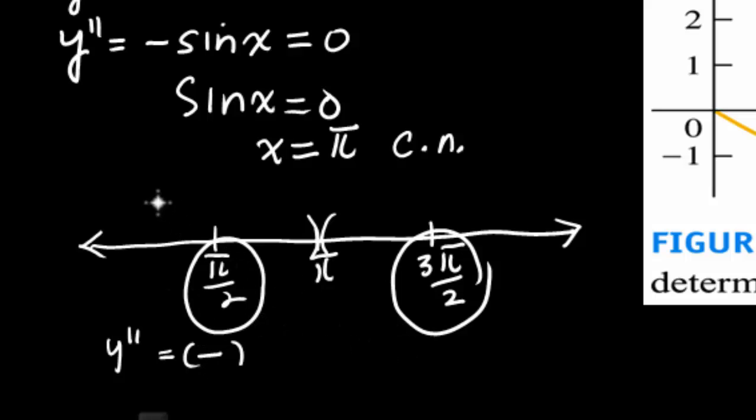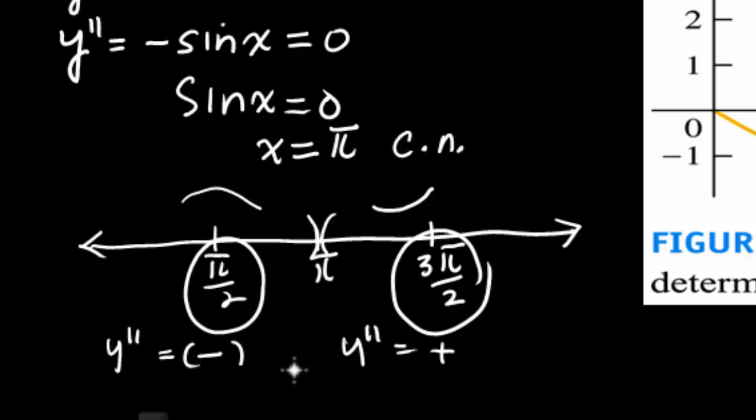That means it's concave down. Now what about y double prime of 3 pi over 2? The sine of 3 pi over 2 is negative 1, then take its negative again, so we get positive. So y double prime is positive on the interval from pi to 2 pi. So we have that it's concave up.